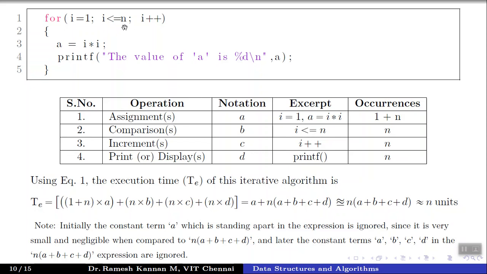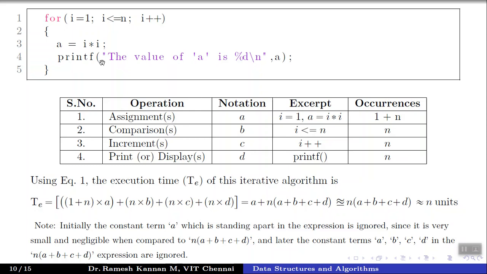Here we have not defined the final value, we have just given it as n. But if n equals 10 or n equals 20 and so on, that many times this loop gets activated. And then we have the print statement to print the value of A. So this is a typical example.